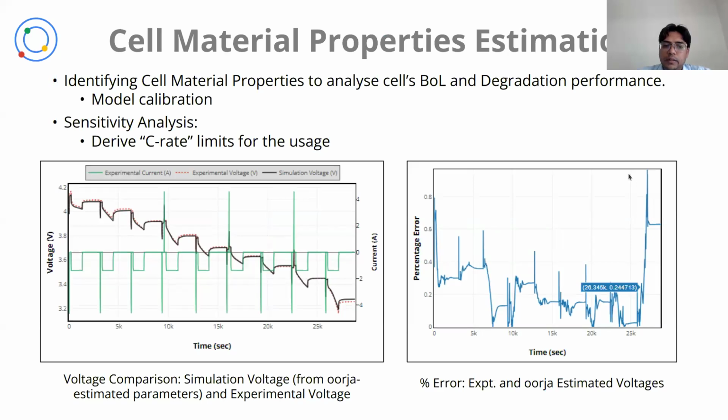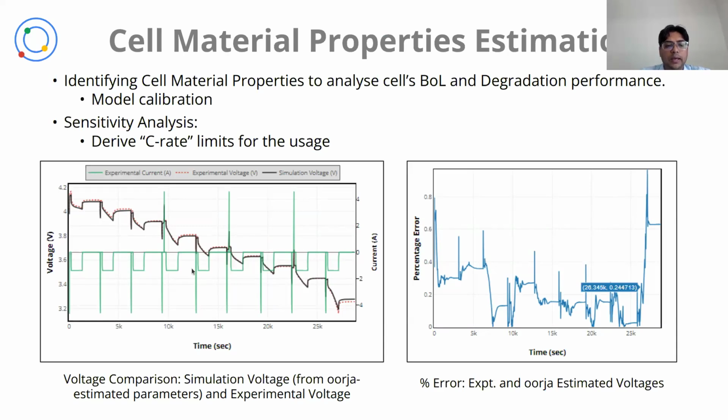Now, just elaborating further on this process, like I mentioned, we first start by identifying the cell material properties at the beginning of life, for which I was mentioning that we use HPPC data. So here you see one example where we have conducted an HPPC test experiment.